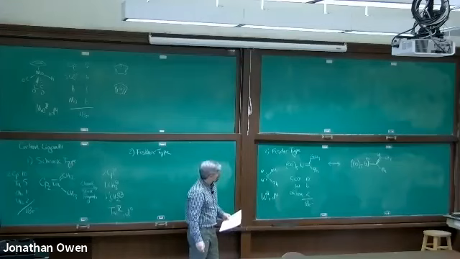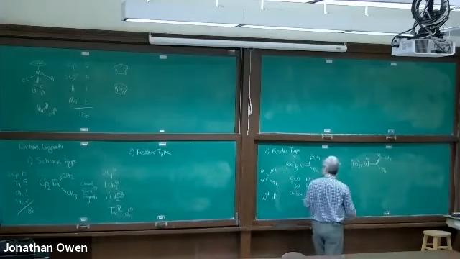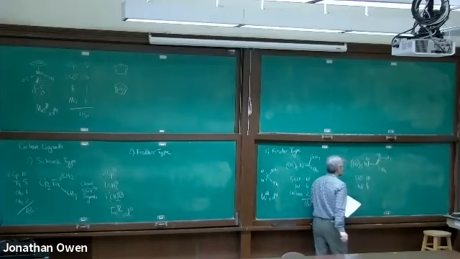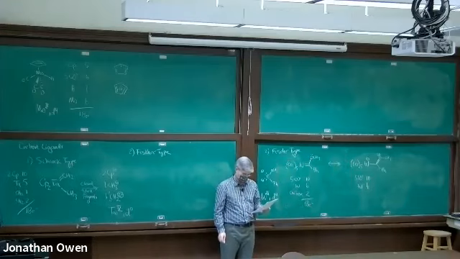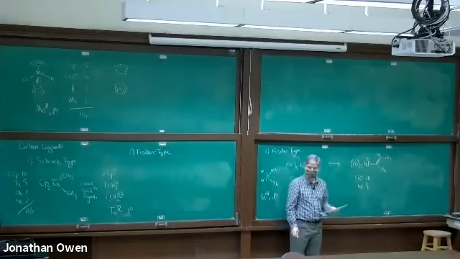Okay. Now, let's do the other one. We've got 5 COs. That's 10 electrons. You've got a tungsten. That's 6 electrons. What else do we have? A single bond coming from the resonating Fischer carbene.